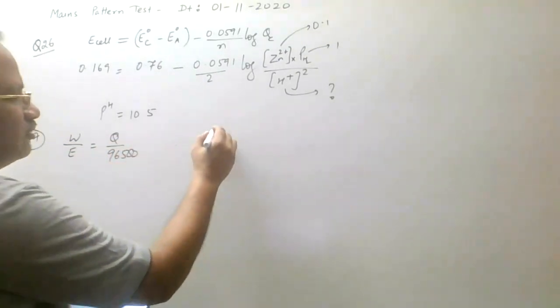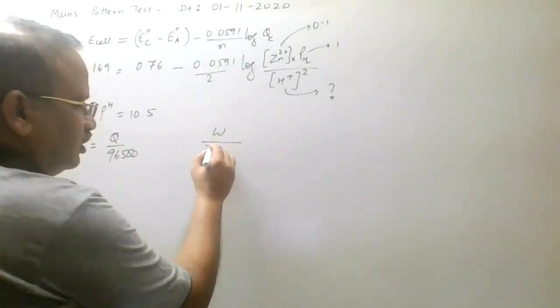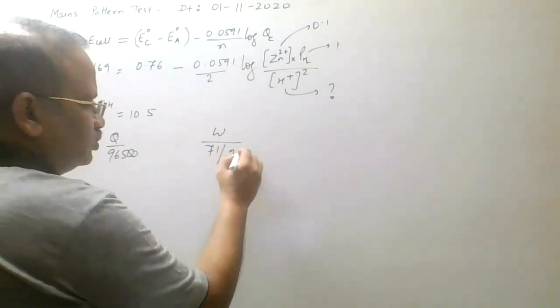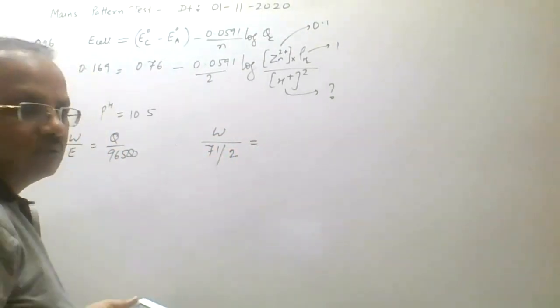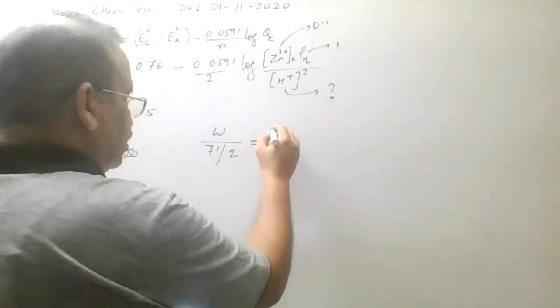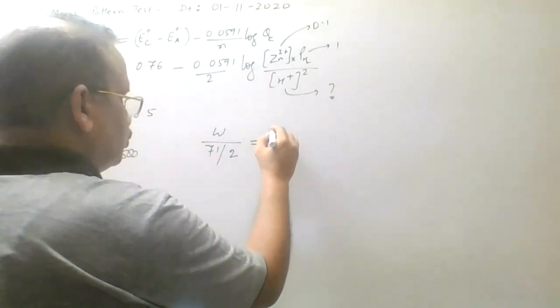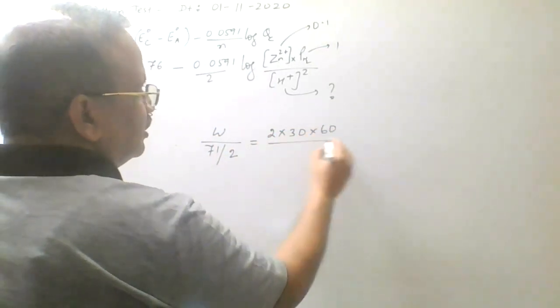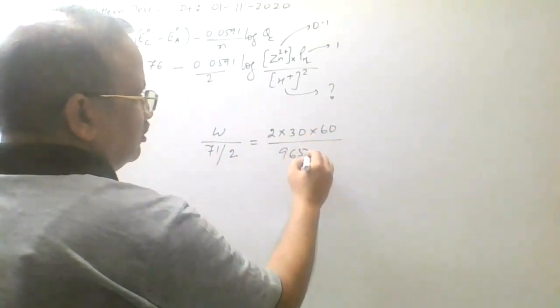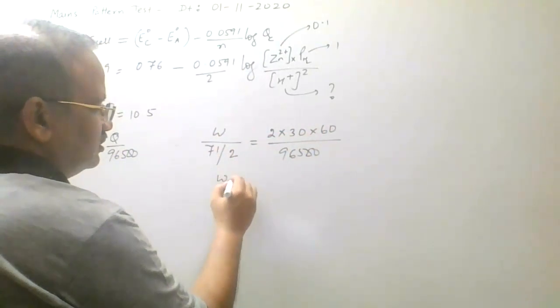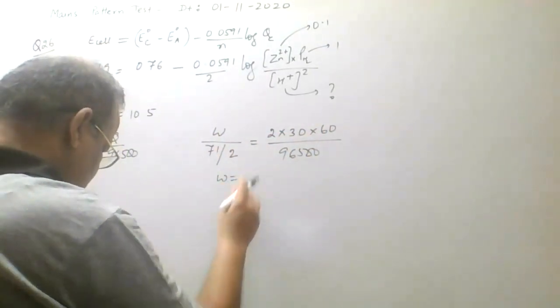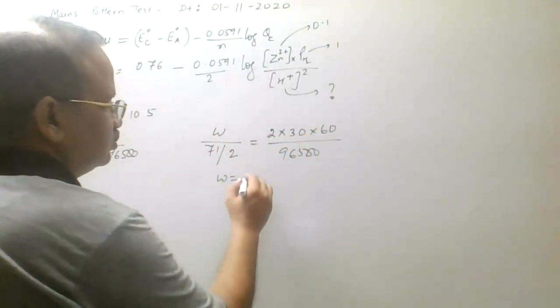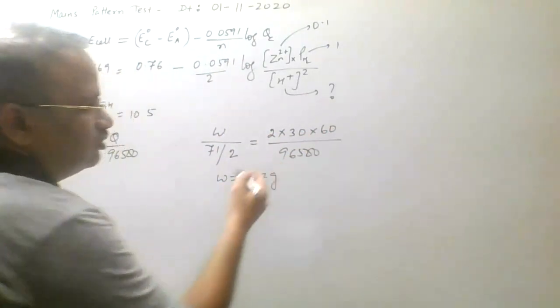The equivalent weight of chlorine is 71 divided by 2. Q is I into T, so I is 2 amperes and we are given 30 minutes. Multiply by 60 to get the seconds, divided by 96500. The weight we get is 1.32 grams. That is how we calculate the weight.